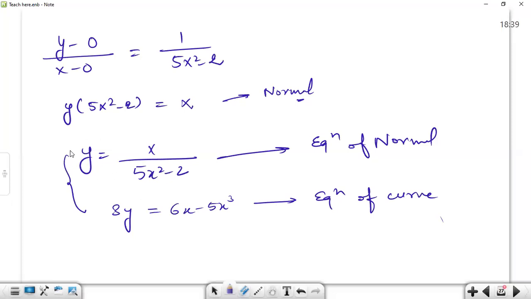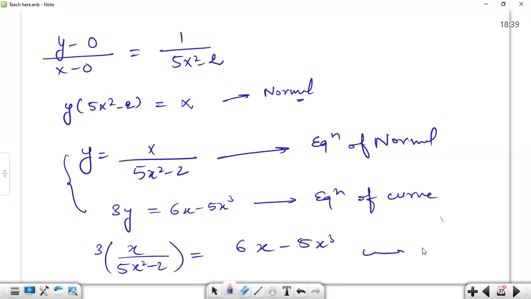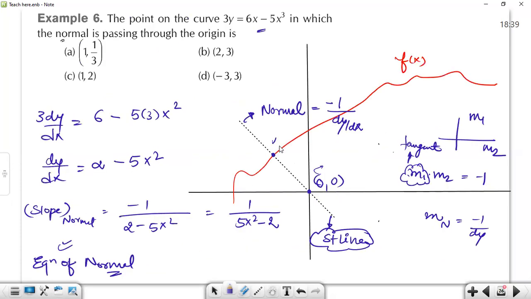So what we can do is substitute the value of y in here. So 3 into x over (5x squared minus 2) equals 6x minus 5x cubed. Whatever the value of x is, it would be the intersecting point of these two functions. So let's say x1 and y1.